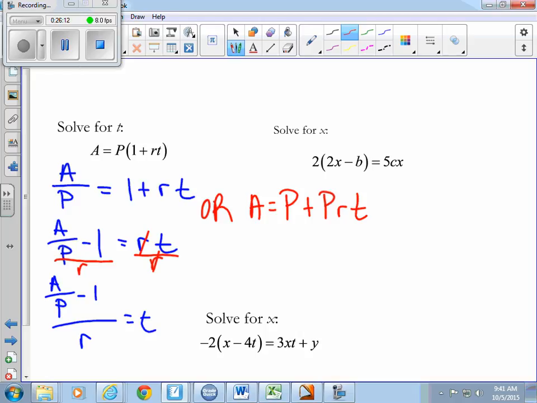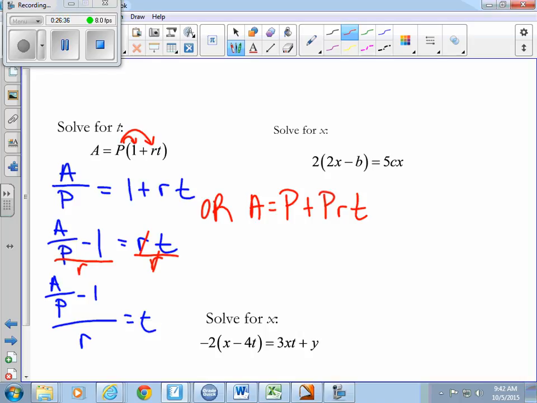P times 1 and then P times RT. P times 1, and what's anything times 1? Like 3 times 1 is just 3. You could put times 1 there, but it would be unnecessary.